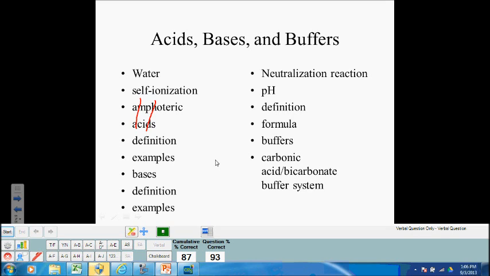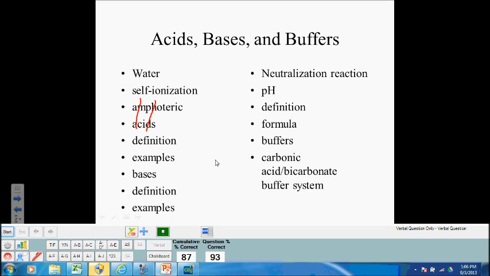Carbon dioxide. Carbon dioxide plus water gives you what? Carbonic acid. But it turns out that the arrows there go both ways. Well, if you have a reaction where the arrows are going both ways, what does that mean?